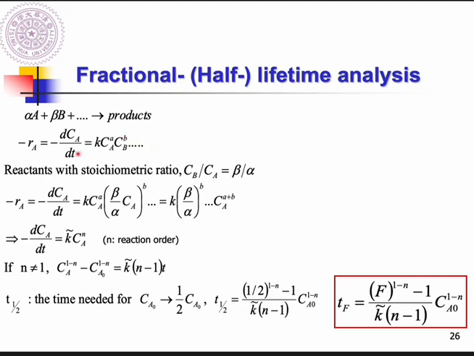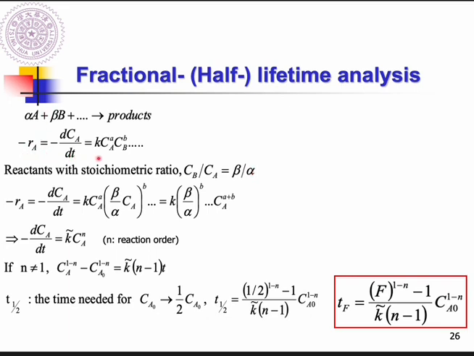Based on this, we know the reactants follow a stoichiometry ratio, meaning alpha moles of A will react with beta moles of B. So when you formulate the relationship between CB divided by CA, I will say it equals beta divided by alpha.